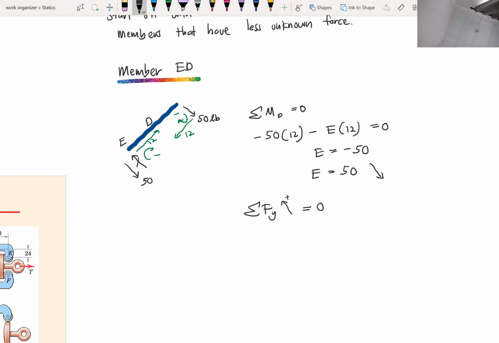It is supposed to be like this. So we have D minus 50 minus 50 equal to 0. So D is equal to 100. So that is for D.